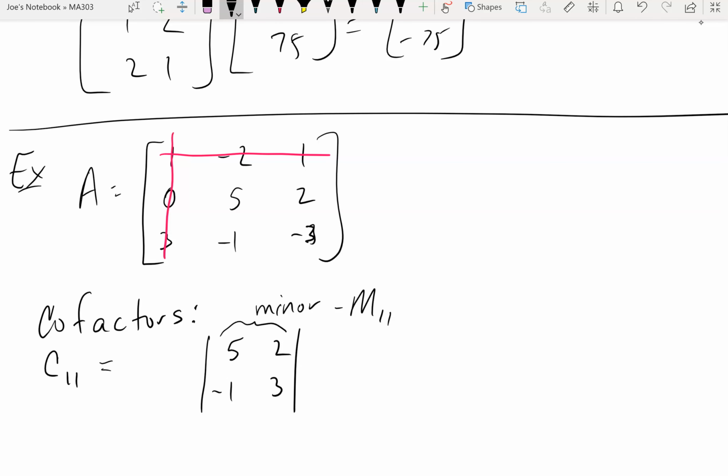All this does is, when you're doing the cofactor, you ignore the coefficient, but you do still keep track of the sign, which you can use your sign board to do, but if you like the formula piece, you can get the formula by doing -1 to the sum of the subscripts. So -1 to the 1 plus 1.